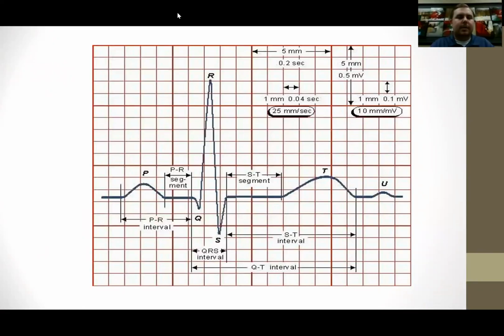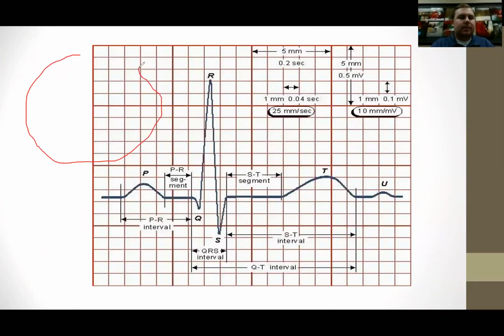I said that there are different quadrants to determine where our QRS axis falls. So if I draw my little circle with my lines, 0 is out here, 90 is down here, 180, and then negative 90.